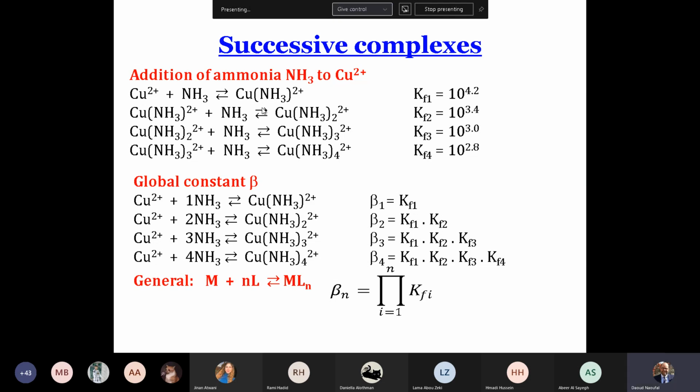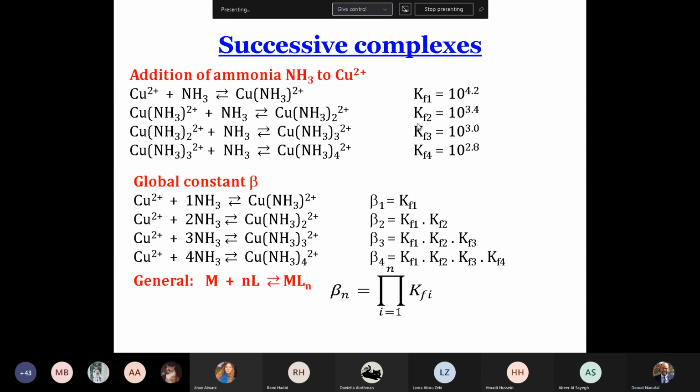So, to compare the sequence of these complexations, I can compare K of reaction 1, K of reaction 2, K of reaction 3, and K of reaction 4.